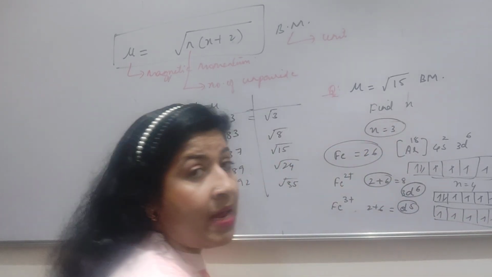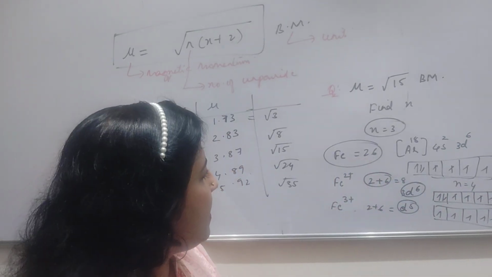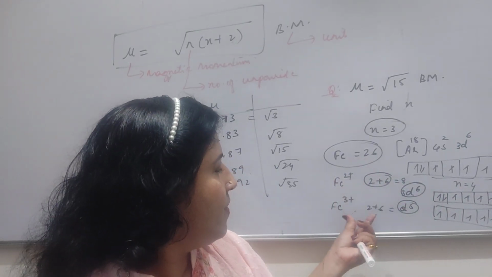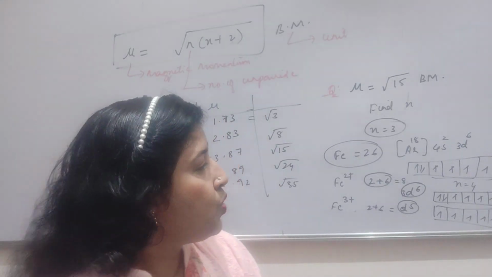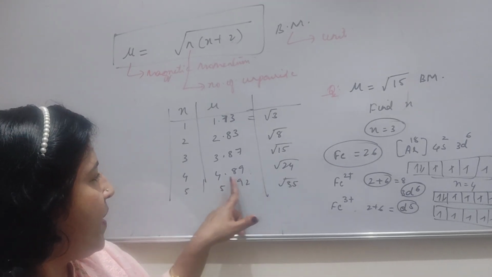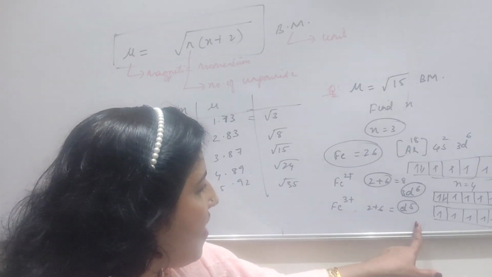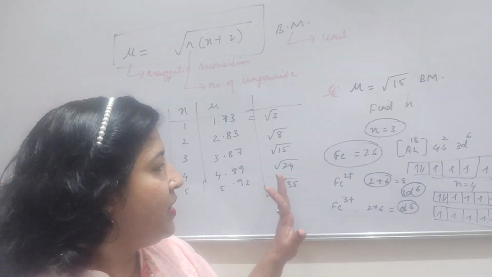So the number of unpaired electrons in Fe is 4, in Fe2+ also 4, but in Fe3+ it is equal to 5. In Fe2+, the Bohr magneton is root 24 or 4.89. In Fe3+, it is 5.92 or root 35.